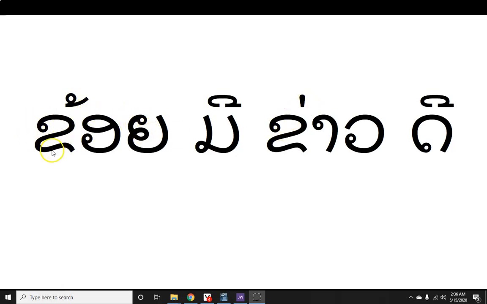So instead of this just being koi, it's actually koi. And this tells us that we pronounce it that way. And instead of saying cow, it's cow, okay? So there's a little emphasis there.